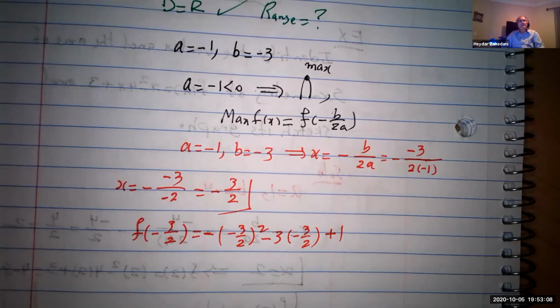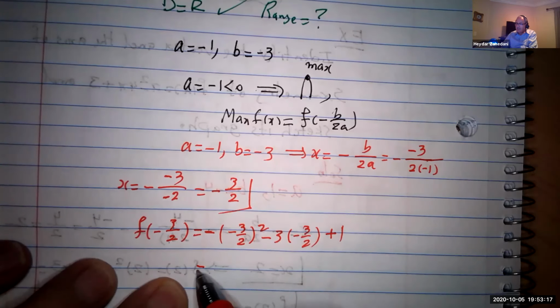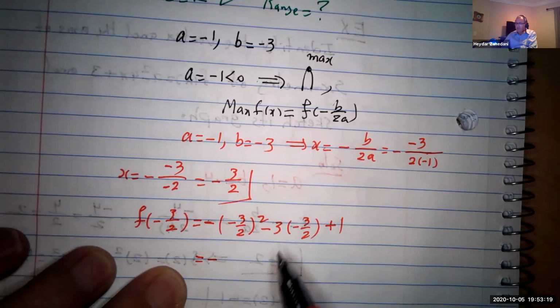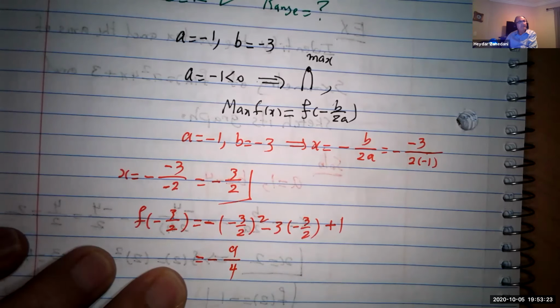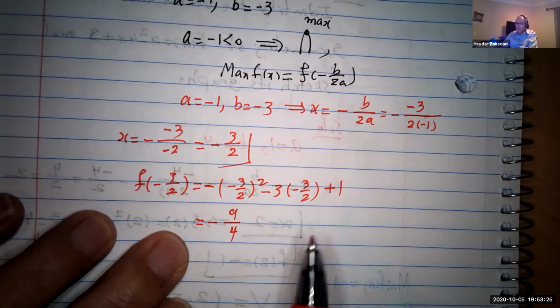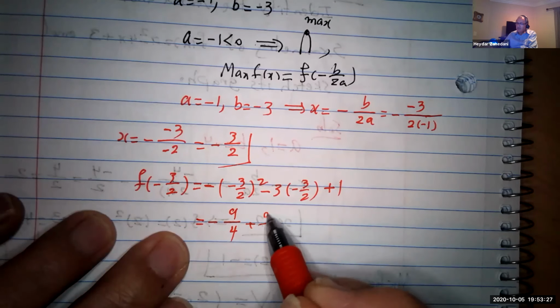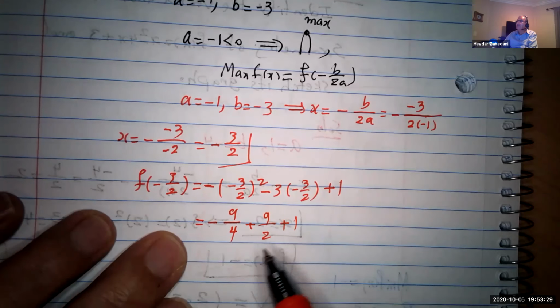Now we have to simplify it. You keep that negative outside. The negative inside will disappear. You see, 3 squared would be 9, 2 squared would be 4. Now negative times positive. So that gives you 9/2 plus 1.